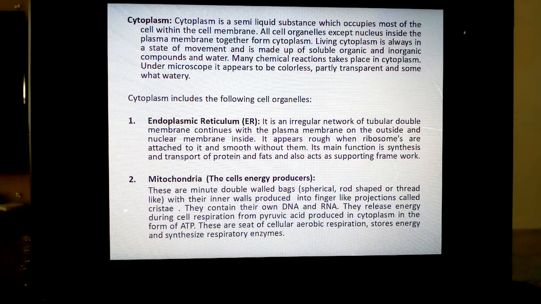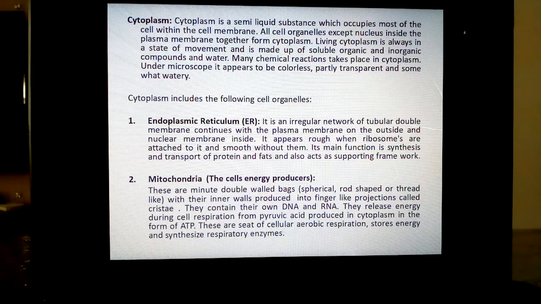Mitochondria are minute double-walled bags, somewhat spherical, rod-shaped, and sometimes thread-like, with their inner walls produced into finger-like projections called cristae. Got it? They are protruded inside like fingers, and these are called cristae. They contain their own DNA and RNA.